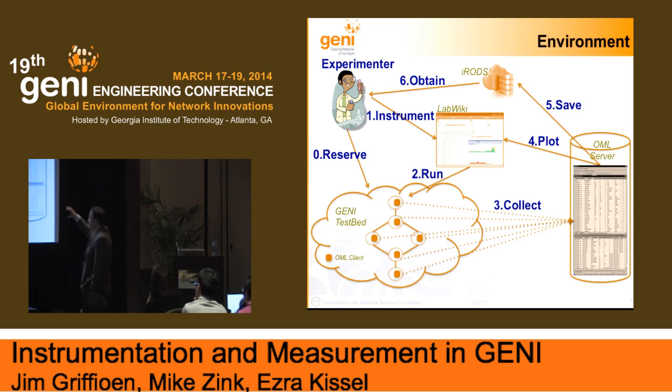And you collect that information, because you have to put that data somewhere so you can use it later for analysis, collecting it while you're running your experiment. And then one thing we're doing is you can live plot it, and the other thing is you can save it to obtain it later for analysis.